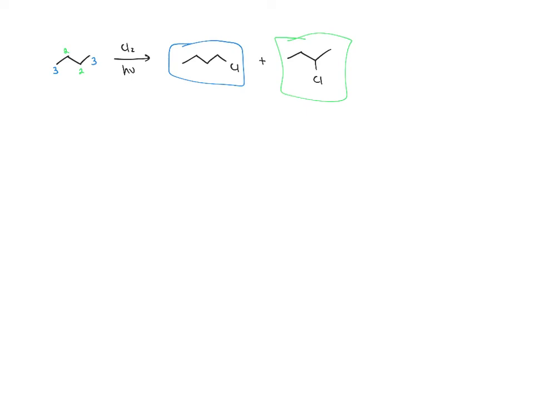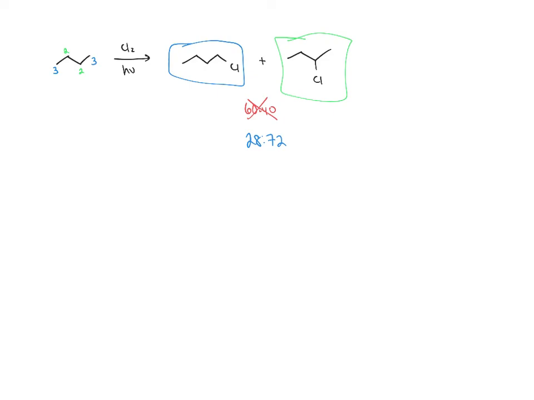So we might expect statistically that the ratio is 60 to 40 in favor of the 1-chlorobutane. Well, the experimental ratio is actually more like 28 to 72. So it's not 60 to 40. Now, why is this?